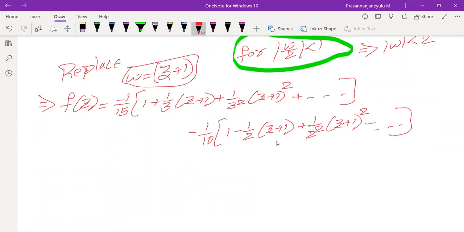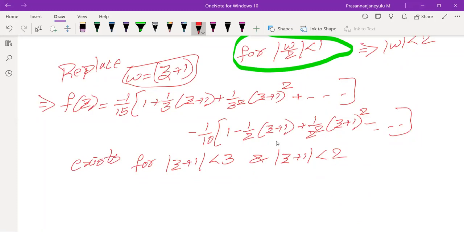This first term expansion exists for modulus of z plus 1 less than 3, and second term exists for modulus of z plus 1 less than 2. So the total expansion exists for, okay, this is the thing. Now we have to combine both the regions.